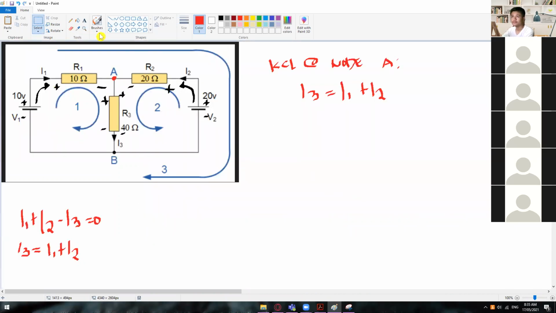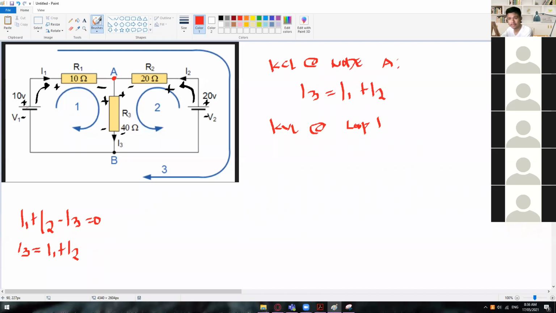All right. And then for the KVL, we'll start with loop 1 first. So KVL at loop 1. In my case, I always start with the voltage source. And I always use the sign that is on the leaving side of that certain component.